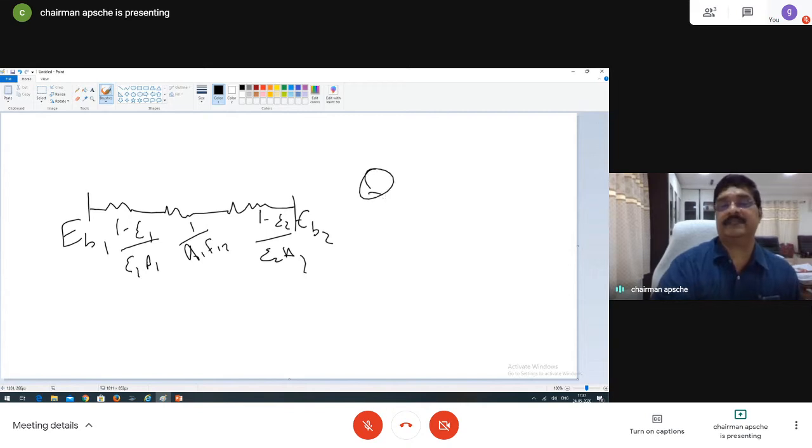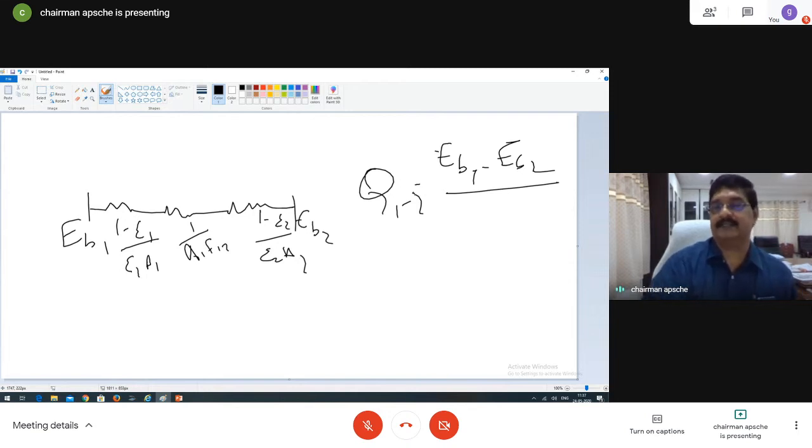Now, between surfaces 1 and 2, it all starts from EB1 minus EB2, divided by three resistances: 1 minus epsilon 1 divided by epsilon 1 A1, plus 1 by A1 F1 to 2, plus 1 minus epsilon 2 divided by epsilon 2 A2.